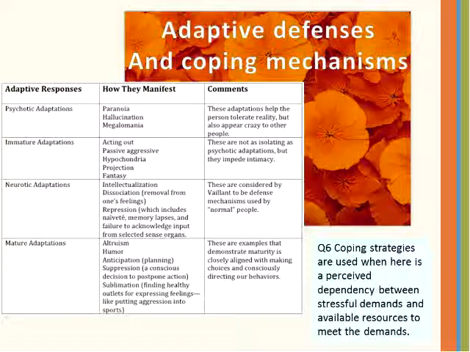So let's talk a little bit about these adaptive defenses. Adaptation, affiliation, altruism, humor, self-assertion, self-observation, sublimation, and suppression are all categories of adaptive defenses.